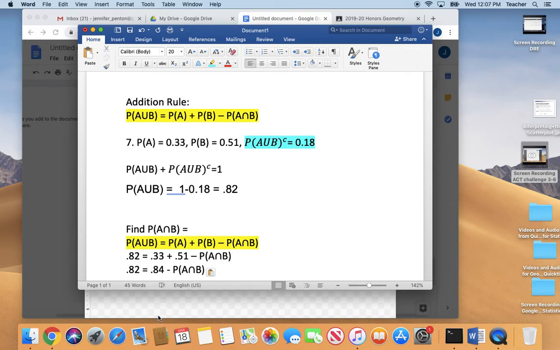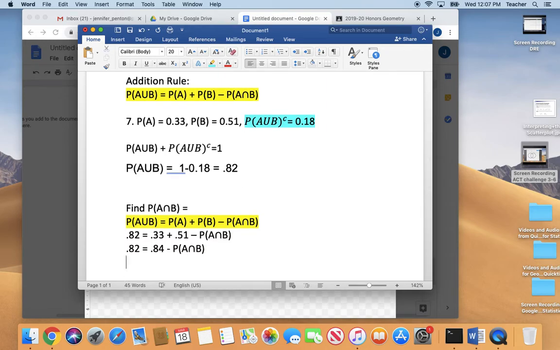So then I could subtract 0.84 from both sides. So if I do that, I get 0.02, actually I get negative 0.02, equals the opposite of the probability of A and B, which means that the probability of A and B would be 0.02. And you can check that out in your Venn diagram.